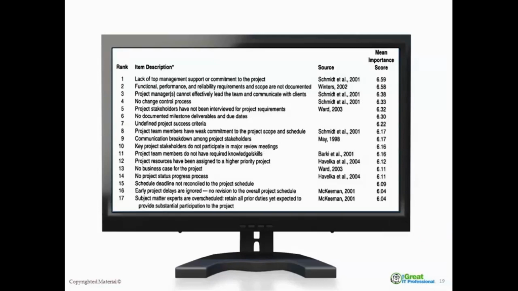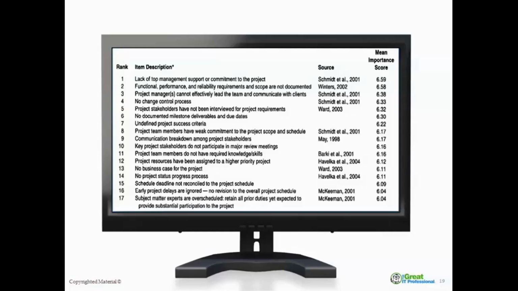The number one reason that projects fail to meet expectations and deliver business value is a lack of top management support or commitment to the project. Now, this does not suggest that managers are incompetent or stupid in any way. It simply means that they have not been educated, they haven't been trained in terms of what that responsibility is. And so that's why we're here today.